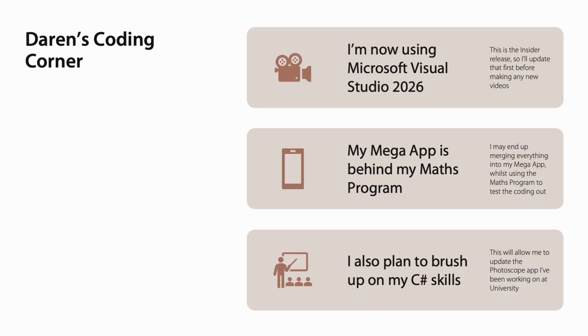My coding corner, I'm now using Visual Studio 2026, and I'm on the Insider preview release, so I'll make sure to update that first before making any new videos. Now, my Mega app is behind my maths program, and I've also noted that they're sort of going in the same direction as each other, so what I might do is use my maths program to test out any new coding that I might have for any mathematical aspects that I may put into the Mega app.